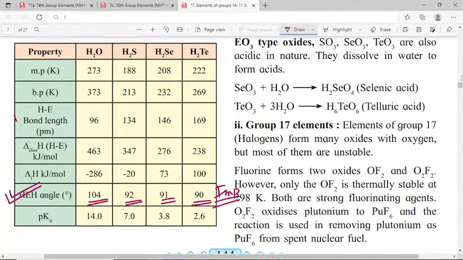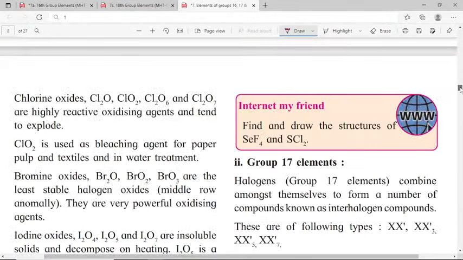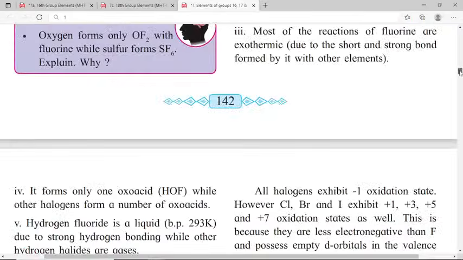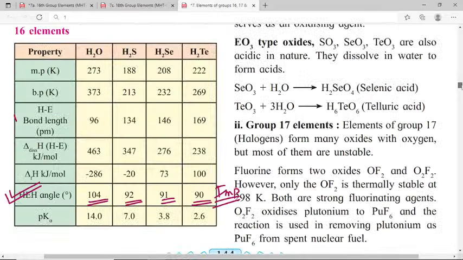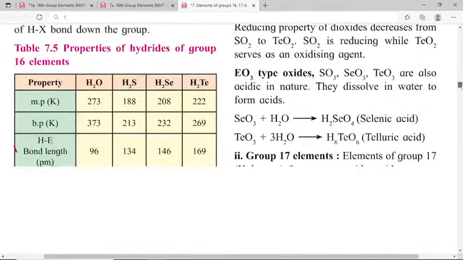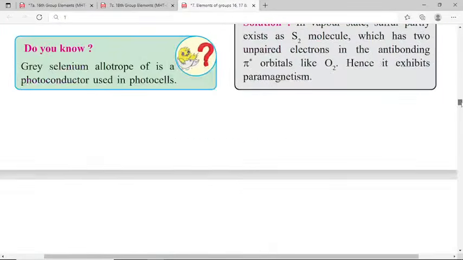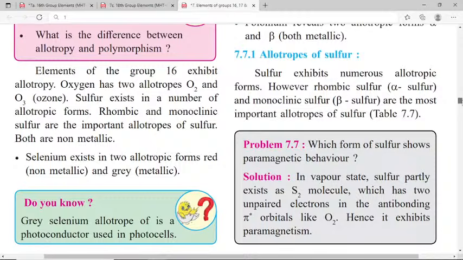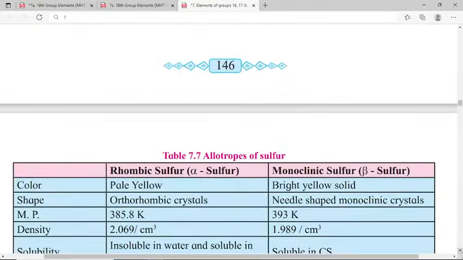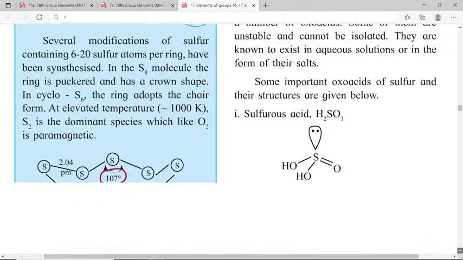Only two types of allotropes are there in oxygen, selenium. Sulfur has numerous allotropic forms, that is, many types of allotropes.